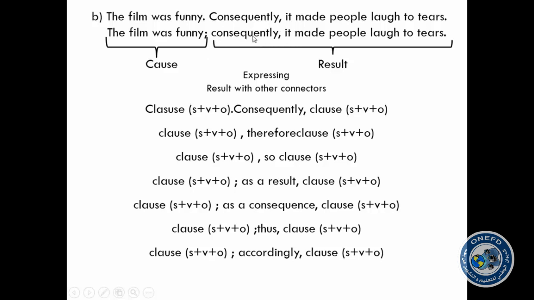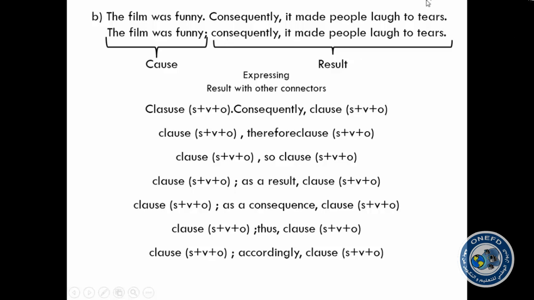Here the connector consequently has two ways of punctuation. You can write the clause or the sentence of the cause, then full stop, then start with consequently, comma, and the rest of the sentence. Or the second option, the first sentence of the cause, semicolon, consequently, comma, and the rest of the sentence.